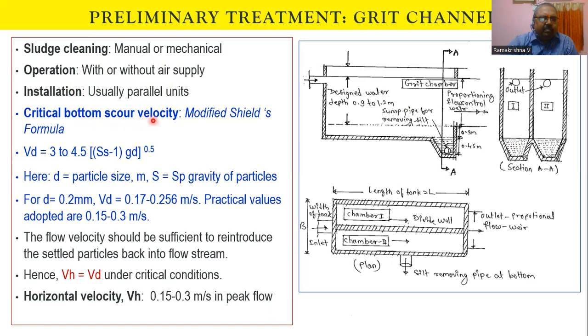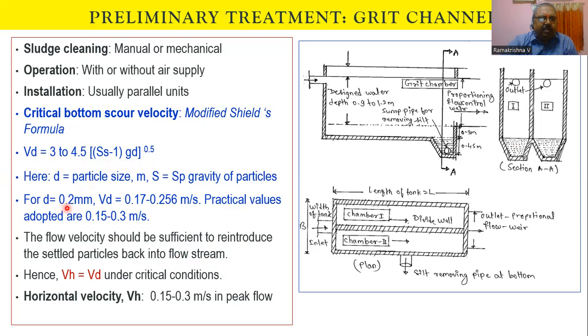The critical bottom scour velocity is the flow velocity that should be sufficient to resuspend the settled particles back into the flow stream. So Vc, we calculate using the modified Shields formula: 3 to 4.5 × [(Ss − 1) g d] to the power of 0.5. The terminology is the same. Here we are keeping everything in CGS units.